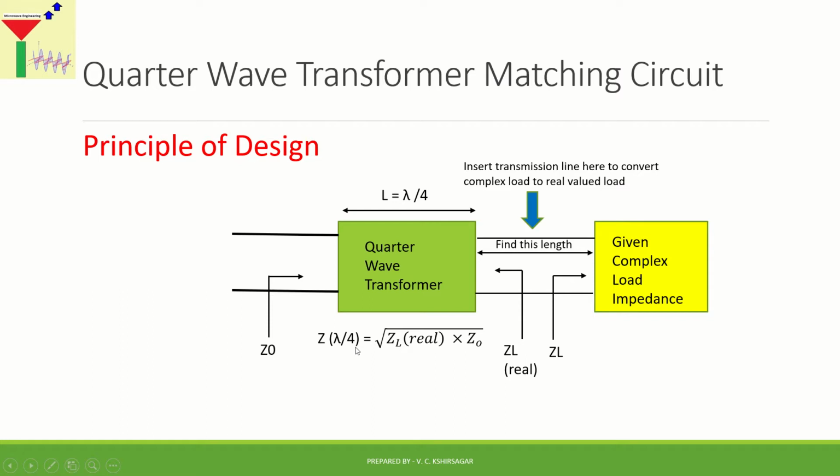It is given as a square root of the real valued load impedance. Please remember, we have inserted a transmission line over here. So when we insert a transmission line over here, the complex load impedance will get converted into only real value. Now we take that real value of load impedance, multiply it with the characteristic impedance of the given transmission line, and we take a square root. And this will give me the characteristic impedance of a quarter wave transformer.